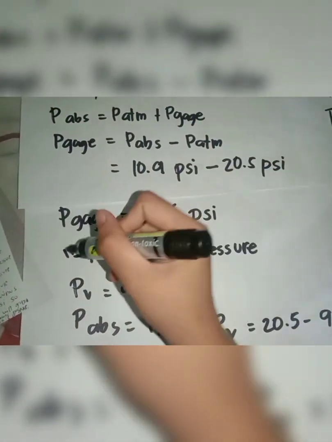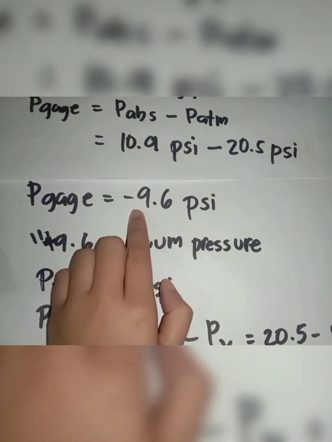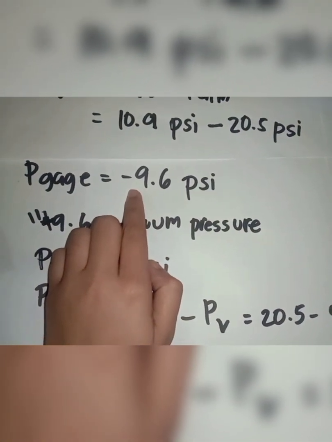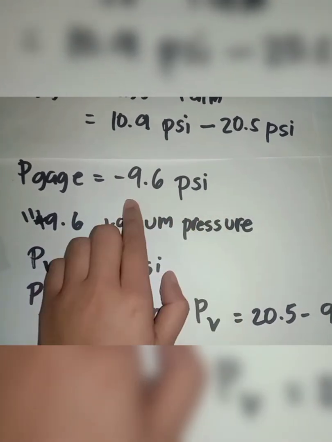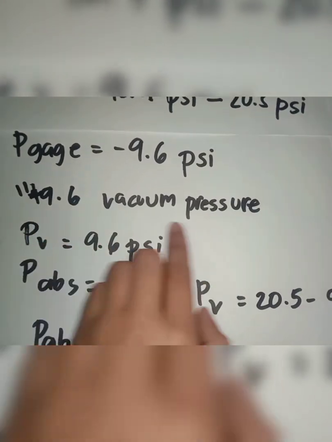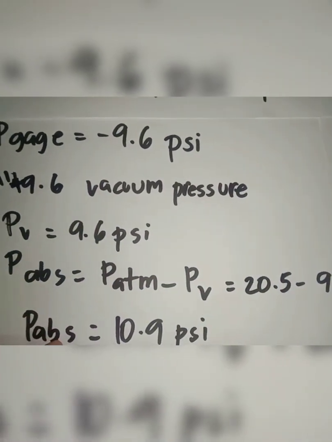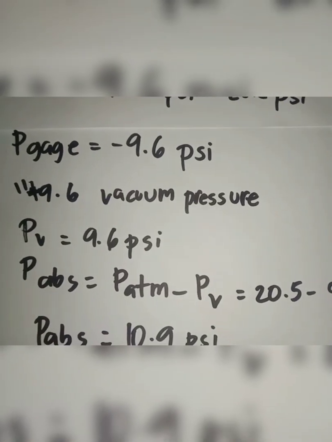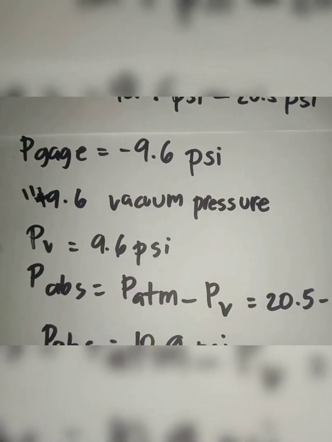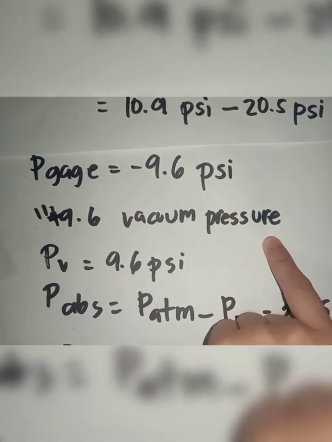If we move this into positive, we call this 9.6 vacuum pressure. So it means that we need to transfer the term also as a vacuum pressure.